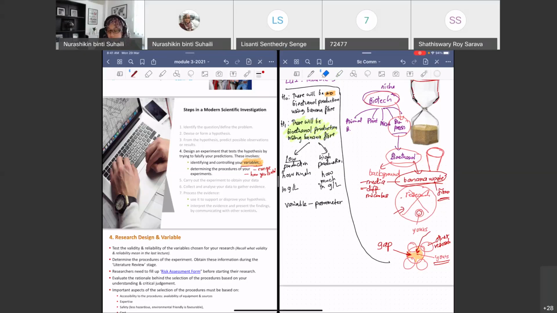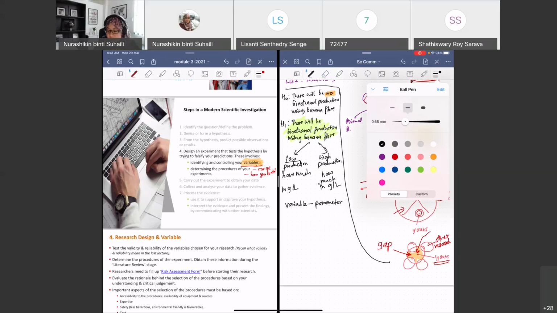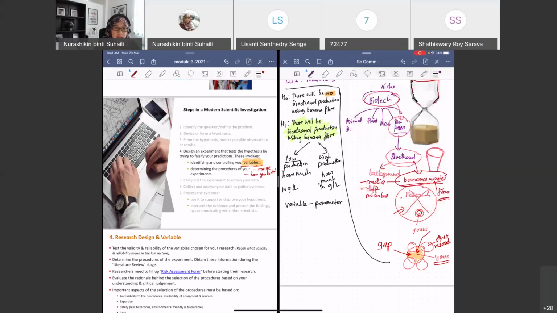So what is a variable? A variable is the thing that you want to control during the experiment. Maybe you want to focus on two factors or two variables, because you only have 4 months for your FYP. The time you spend at the lab is about 4 to 5 months. You don't have much time, so you cannot study everything. That's why it's very important for you to focus and to set the objective.